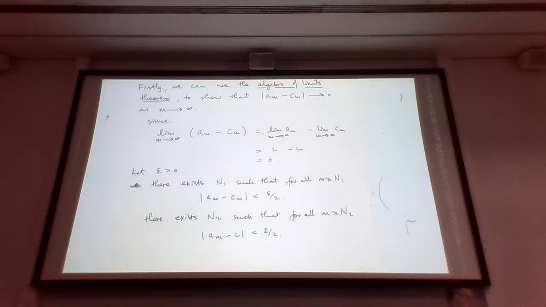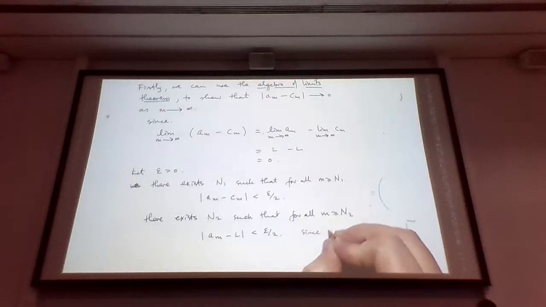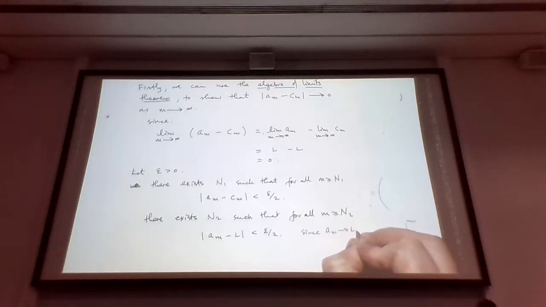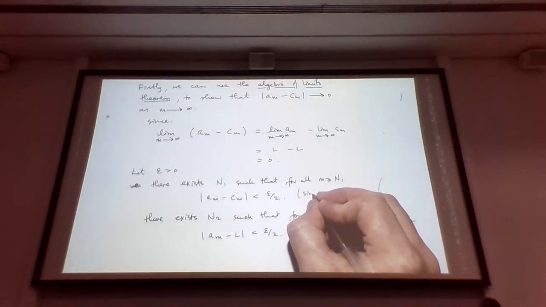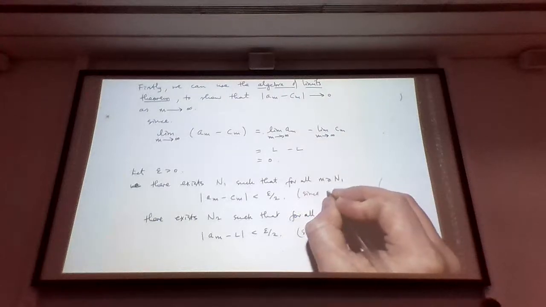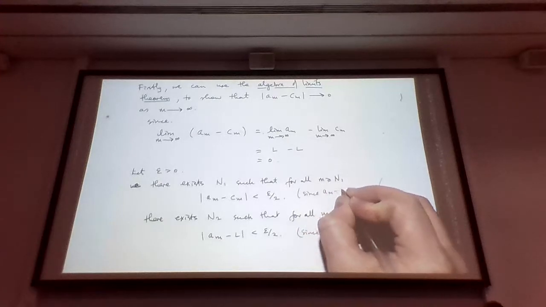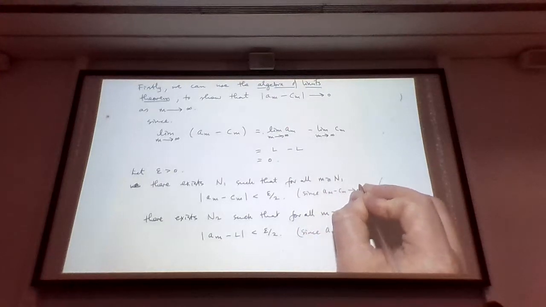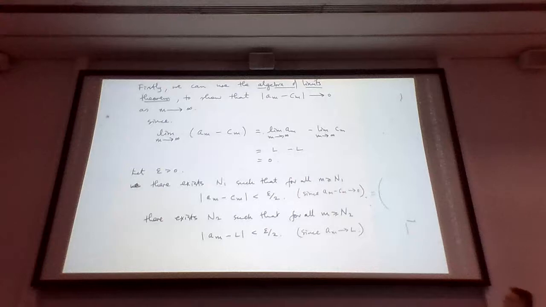One for the sequence am convergent to L. Am converges to L. That's one of the assumptions, and the justification here is since the distance am minus cm is convergent to 0, which we just proved.